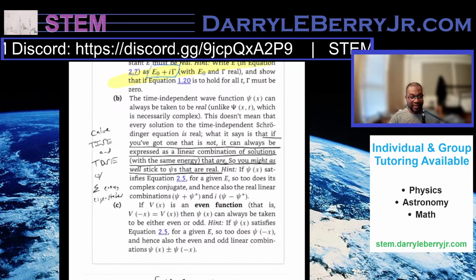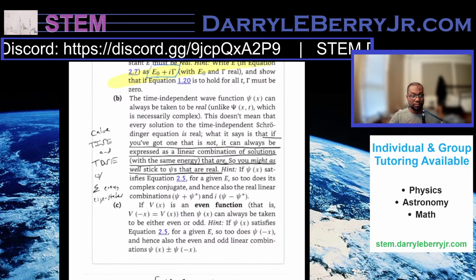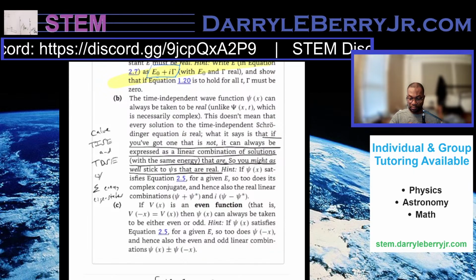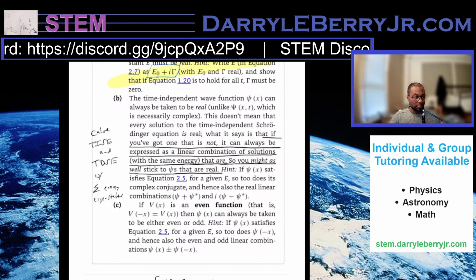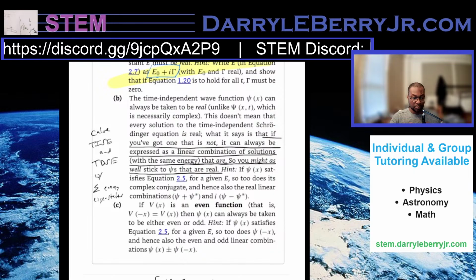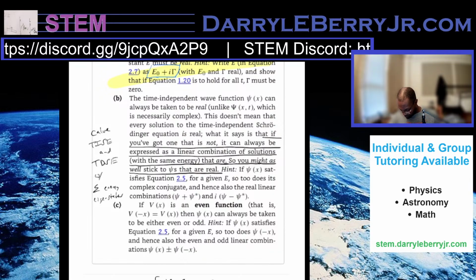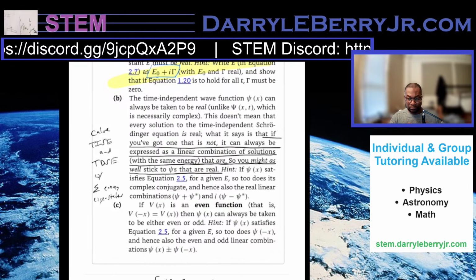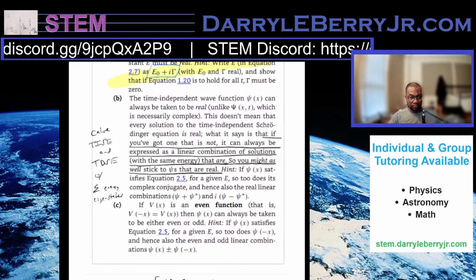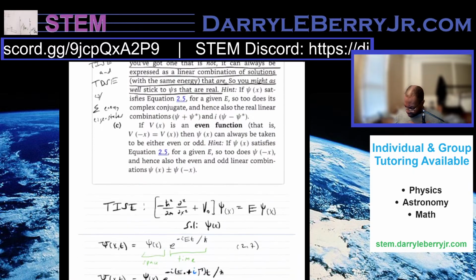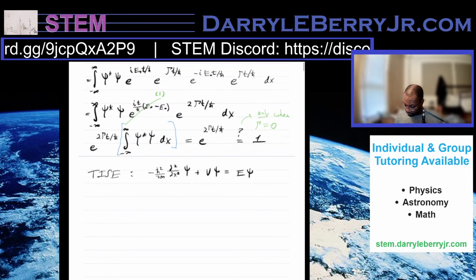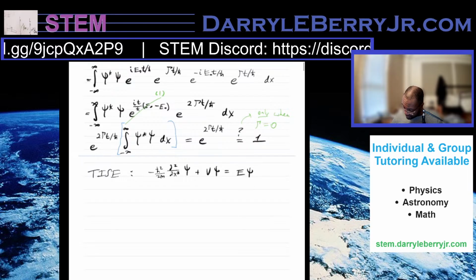Let me write down equation 2.5. Currently, the time independent Schrodinger equation is 2.5. So they're calling this equation 2.5.